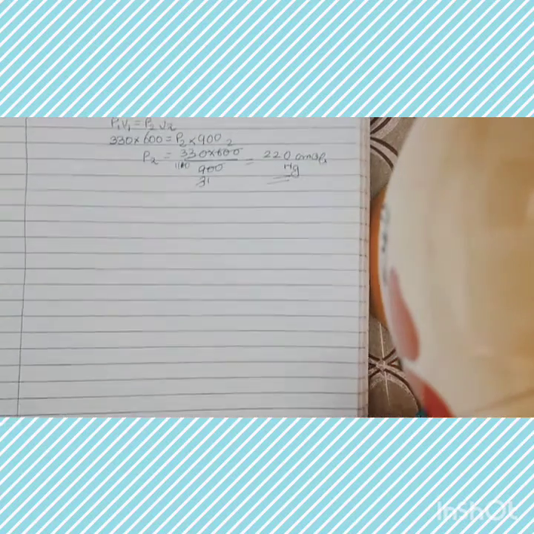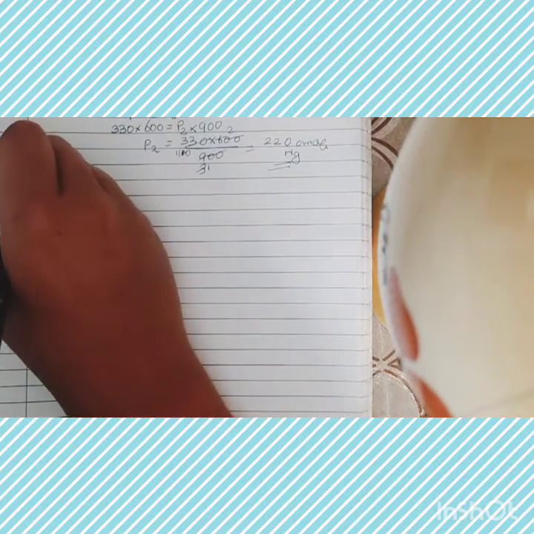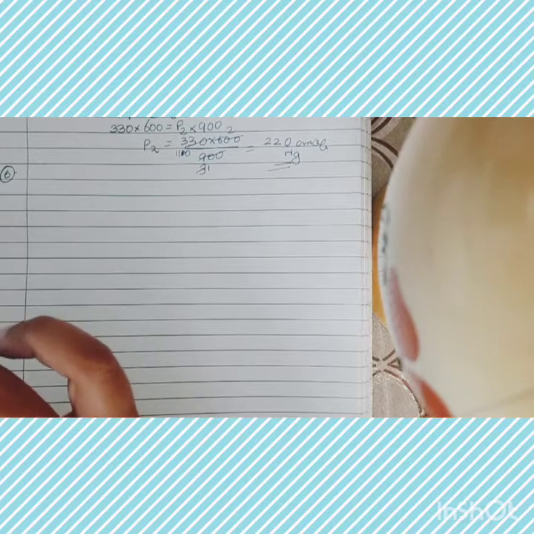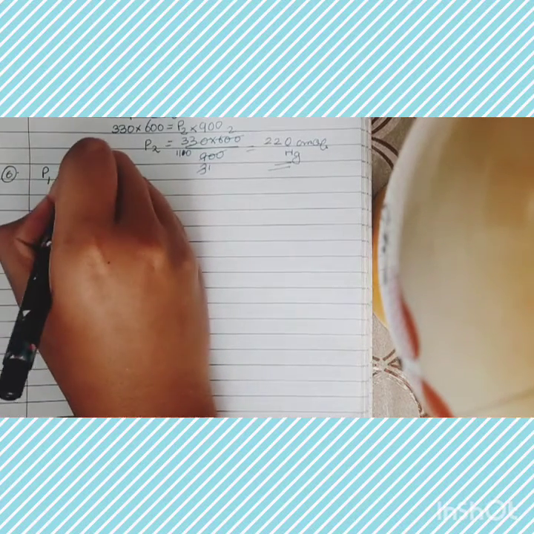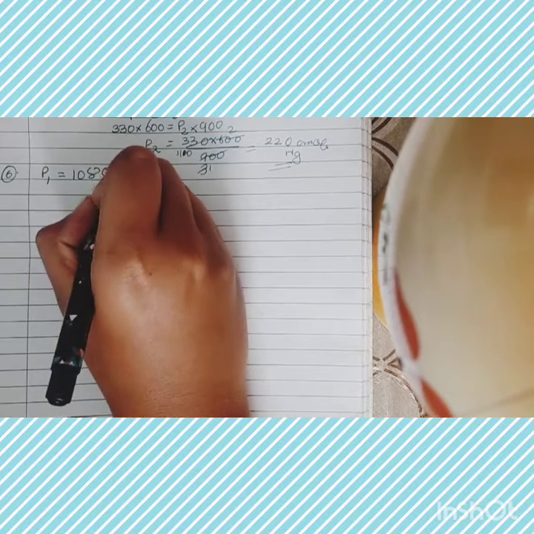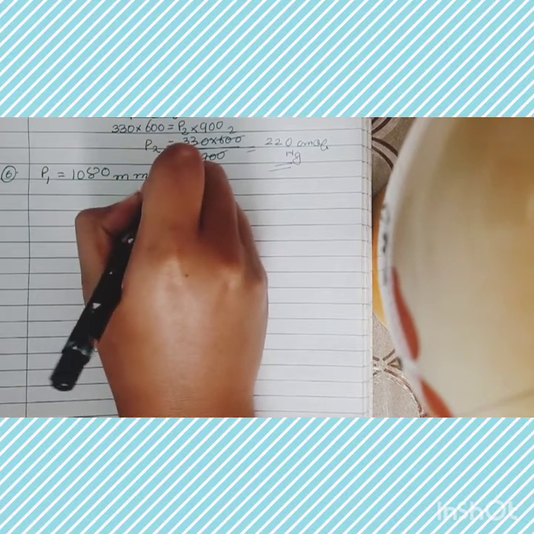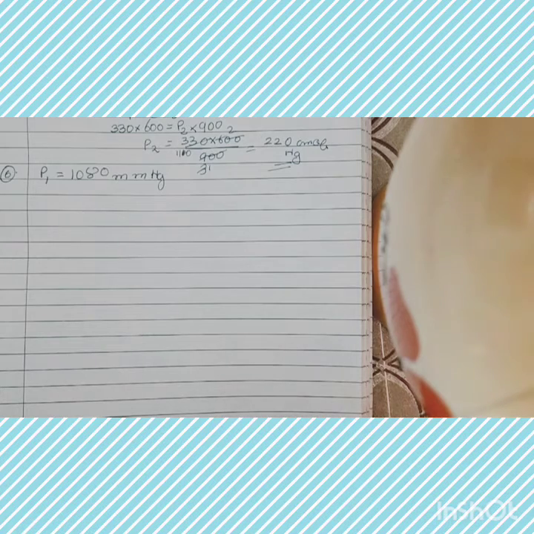So in question number 6, at a constant temperature, a gas is at pressure of P1 equals 1080 mm Hg. If volume is decreased by 40%, find the new pressure of the gas. It is a good numerical, but we don't know the volume 1, volume 2, and P2 we have to find.